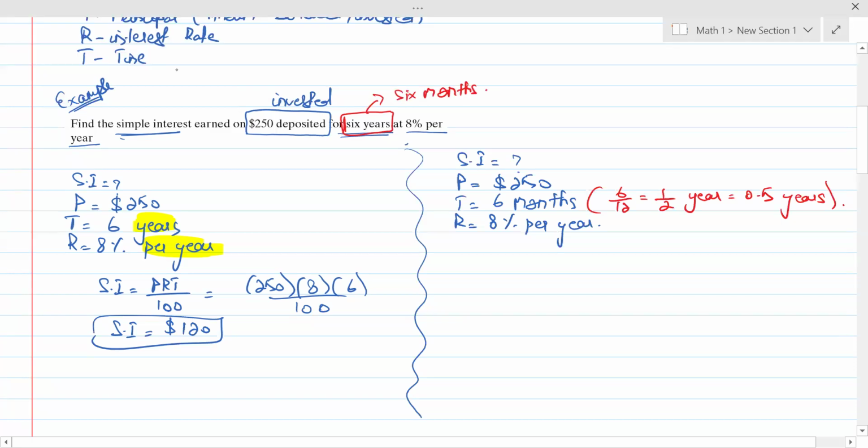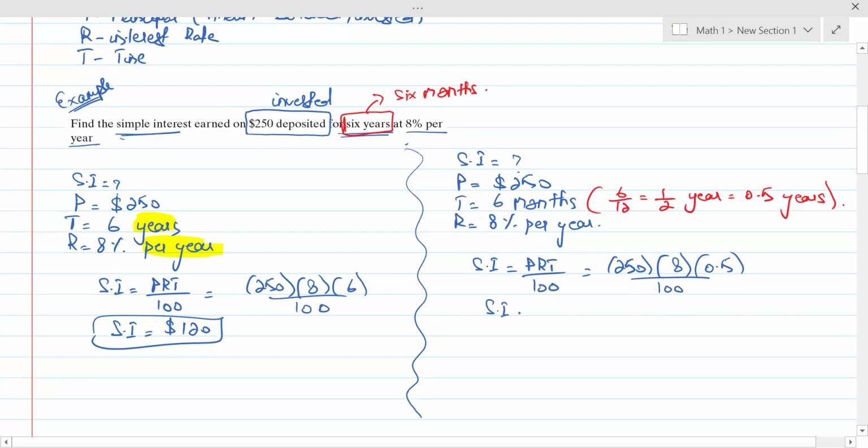Okay, so in this case, simple interest, if it is to be calculated, would be PRT upon 100 again. So P, the principal, is 250. R, the rate, is 8. And time here is 0.5, upon 100.